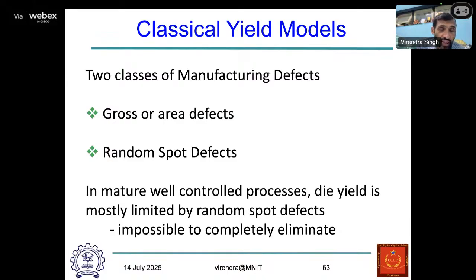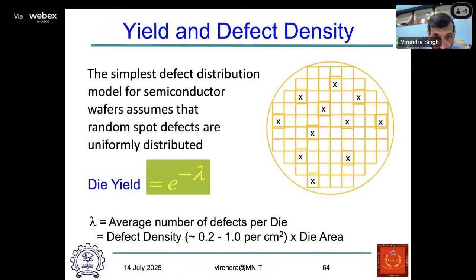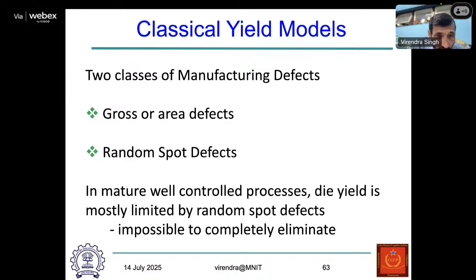Generally the older technology will have random defects, whereas the newer technology can have random defects as well as systematic defects. Now, in a matured and well controlled process, the die yield is mostly limited by the random defect.